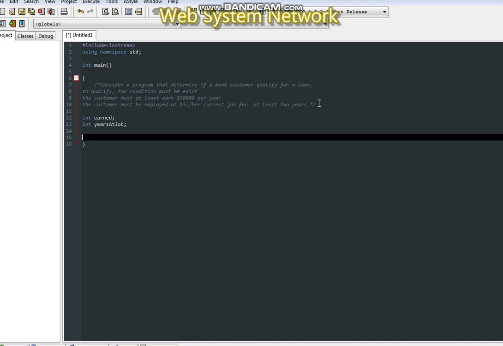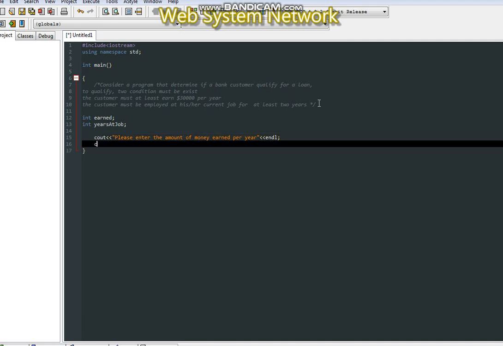And then what do we do? We want to print out to the customer to enter the amount of money that he earned. cout, please enter the amount of money you earn per year. We might as well end that line, and then we store it in the income variable.